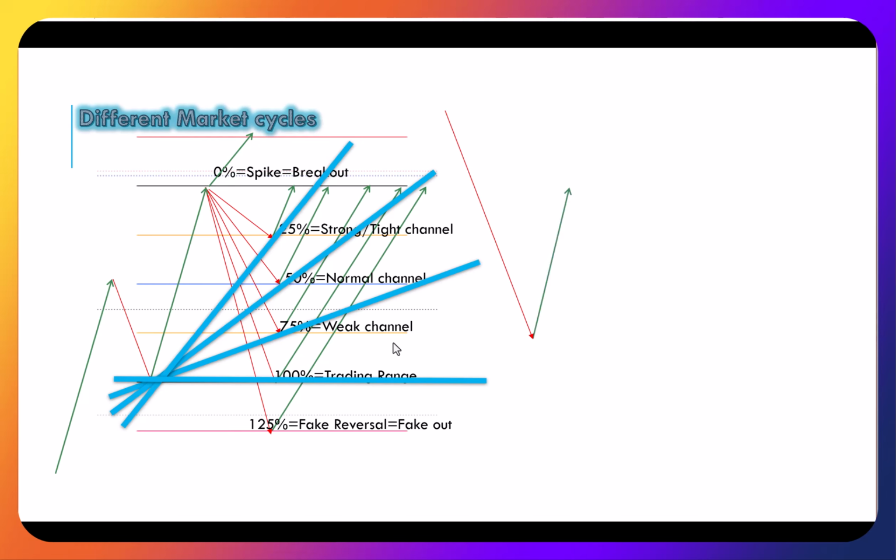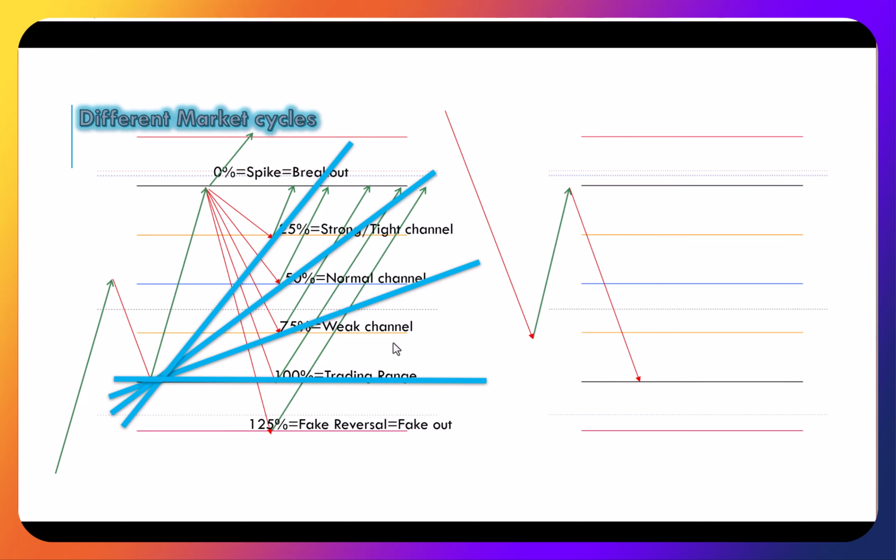So if we have the bearish scenario like this one, and we are plotting our Fibonacci retracement, as I said, this is not standard Fibonacci. This is just a measurement to help you understand the market cycle using this Fibonacci retracement.